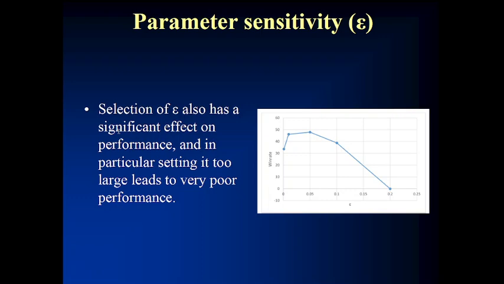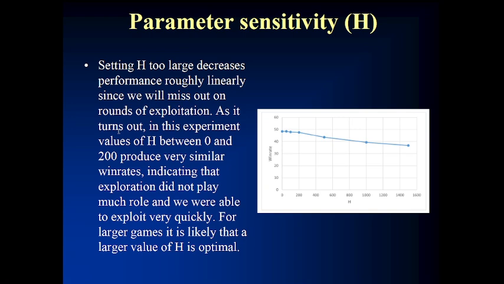We did 0.05, we could have set it to be 0.02 or 0.01; 0.02 would be fine, but setting it very, very close to zero can be problematic. Setting it too high is also problematic. If it's over 0.1, performance degrades. So something pretty small is best here, 0.05, 0.02. H is this burn-in period.